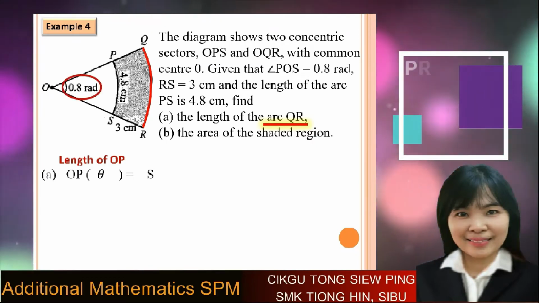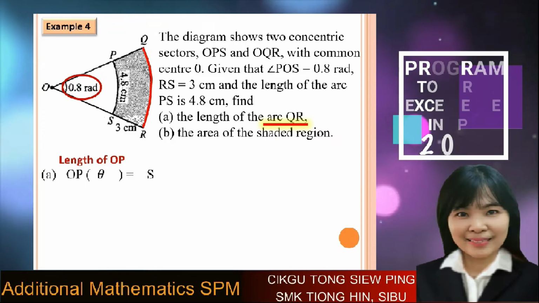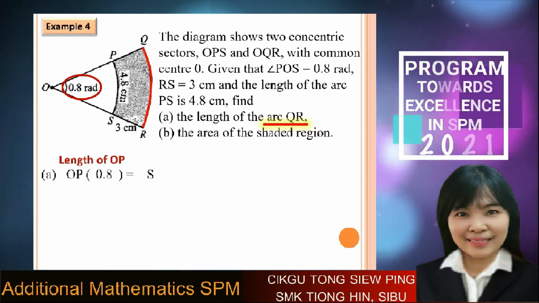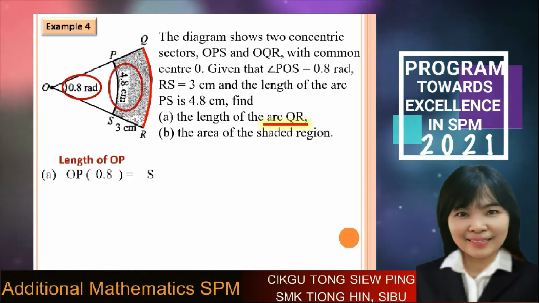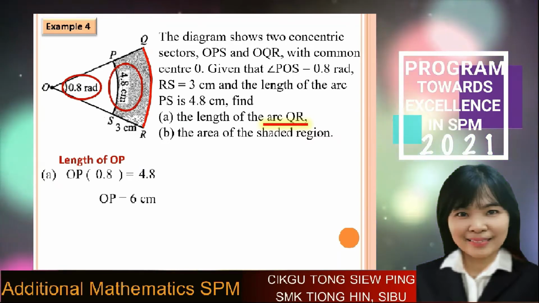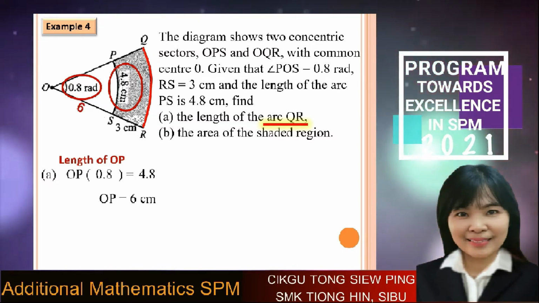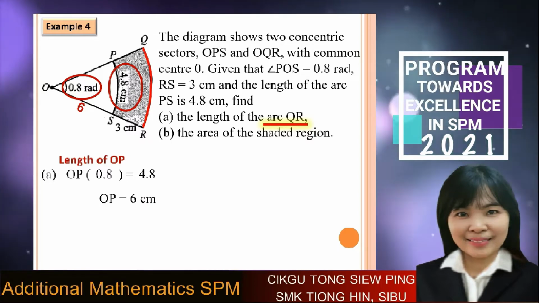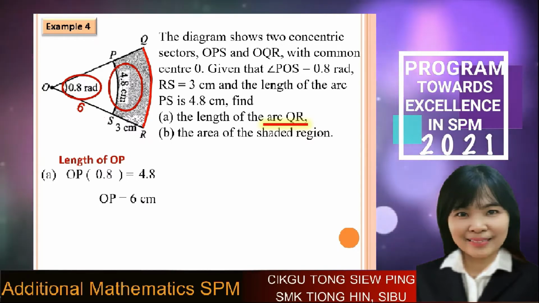We can substitute in the values of the angle POS, that is 0.8 radian, and the arc 4.8 into the S here. We solve for OP and we get 6. OP is 6. OS is also 6. Therefore, we found OQ is equal to 9.